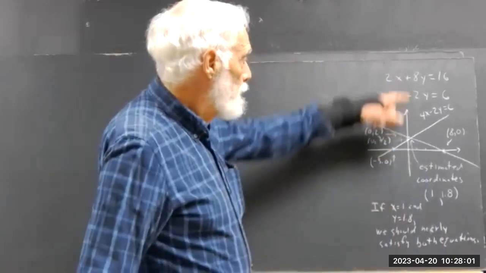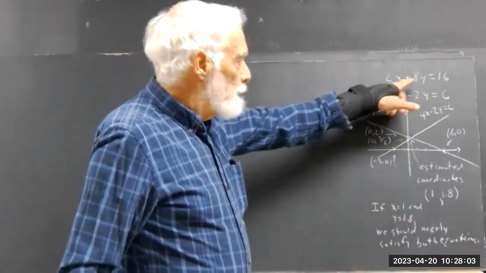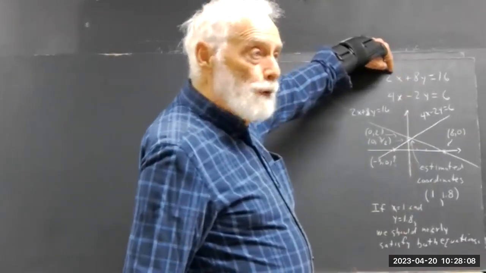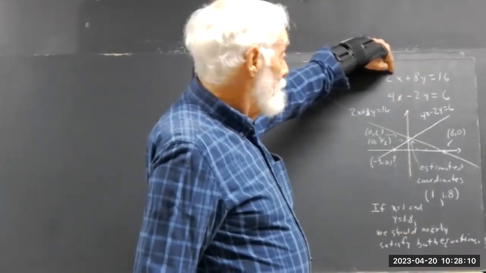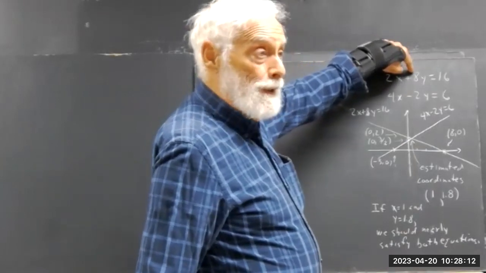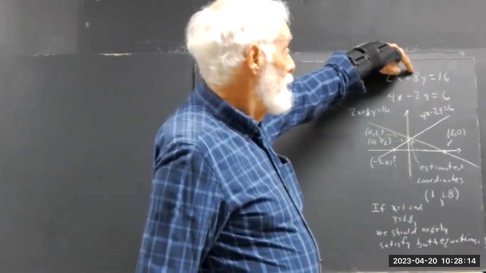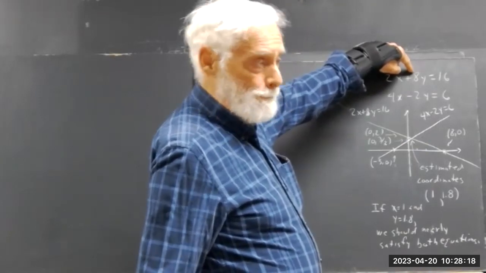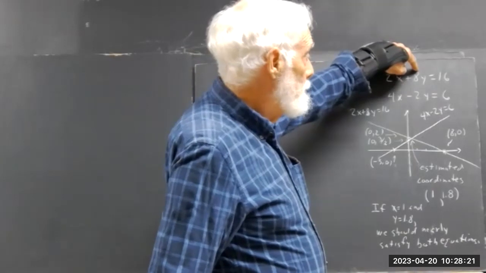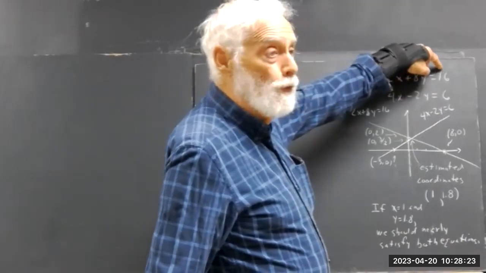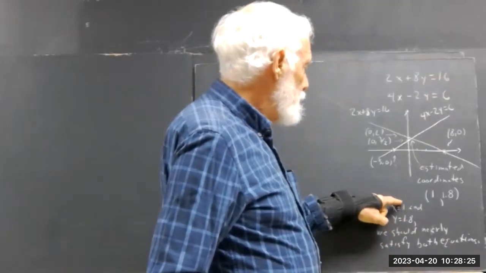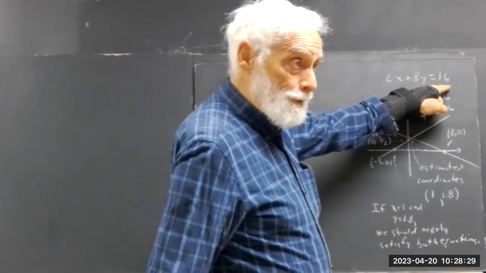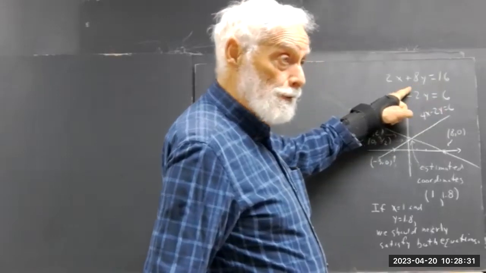So x is 1, y is 1.8. We plug that in. If x is 1, 2x is 2. 1.8 times 8 is 14.4. Okay, 14.4 and 2 is 16.4. So if we plug in x equals 1 and y equals 1.8 into the first equation, we get something very close to 16 on this side.